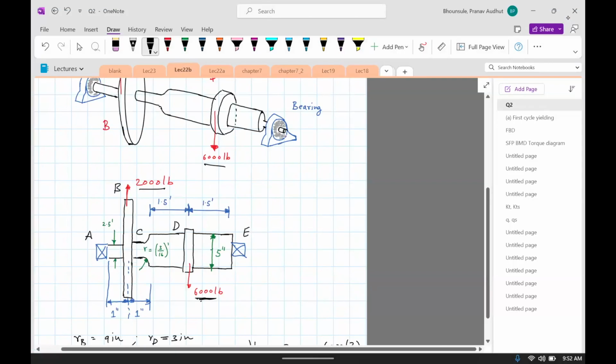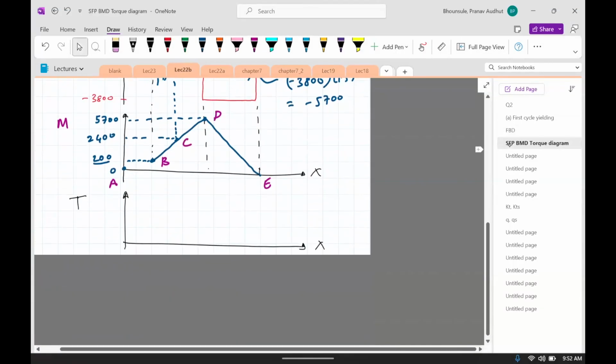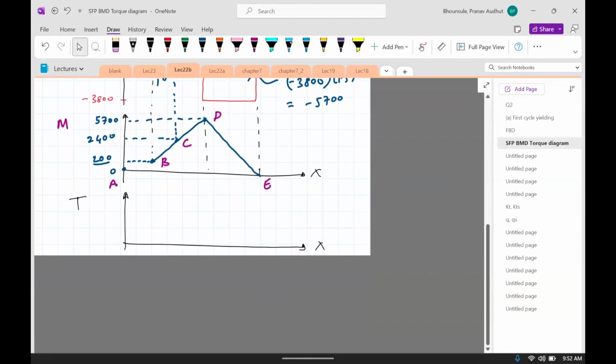So the torque diagram will look like this. It will be 0 all the way to B, ramp up to 18,000, keep constant till we hit D, go down, it remains 0.